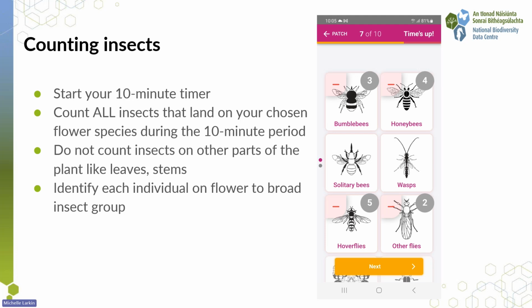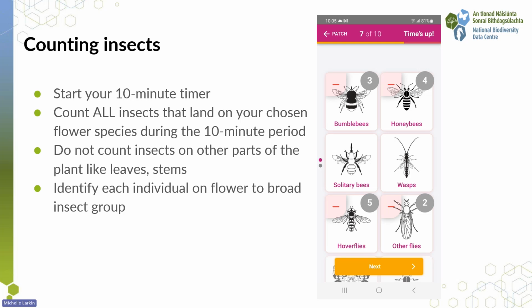One thing I will mention though is when you're counting insects on your plot, just make sure you don't cast a shadow over the plot, as that can scare off some of the insects and bias your results. Once you start your timer, count all the insects that land on your chosen flower species during that period. They have to land on the fresh open flowers.